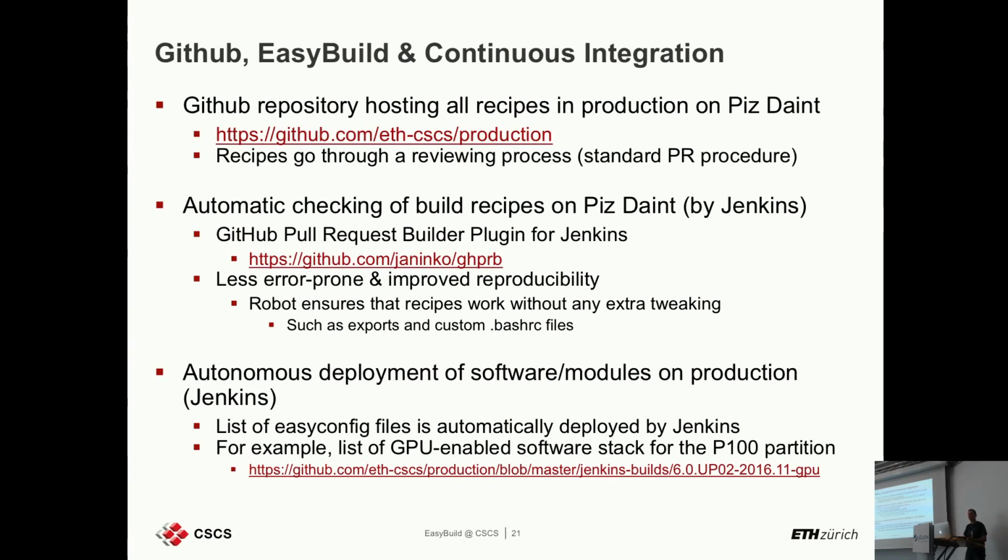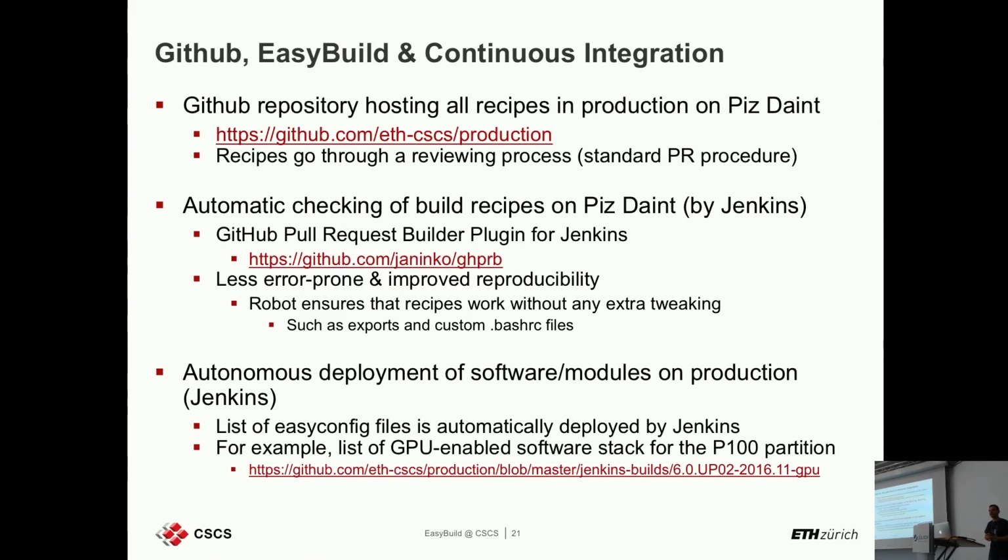If you do tweaks on your shell, it's your problem. It should work with a clean shell, and that's the rule for us. So this setup really helps us make sure that things are working, and I don't need to personally go and test with my account to see if it's working. This is really helping us to have a clean set of recipes.